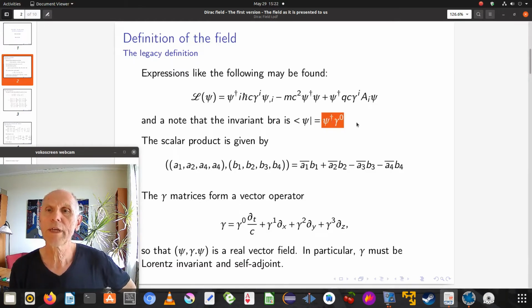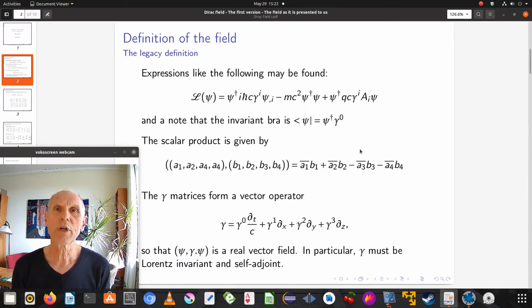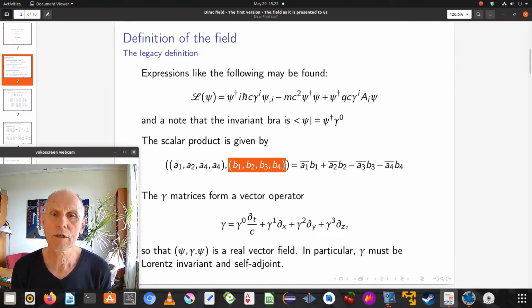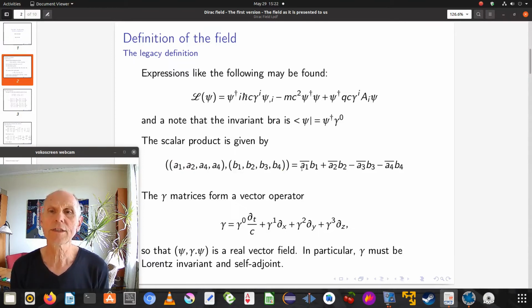I propose we embrace that and say, okay, the space we are operating in now is not the unitary space, but if we have two vectors, A and B, then the scalar product is given by this. And what I am doing is just taking gamma naught seriously and saying in the standard representation it's 1, 1, minus 1, minus 1.